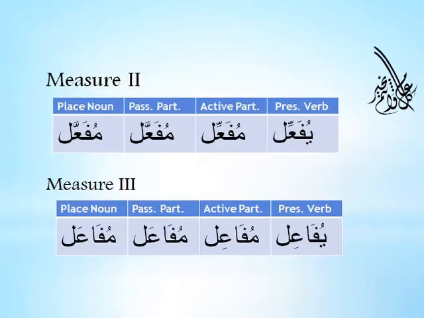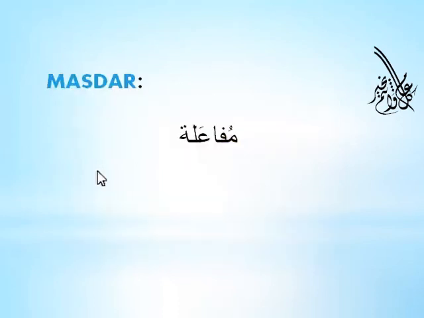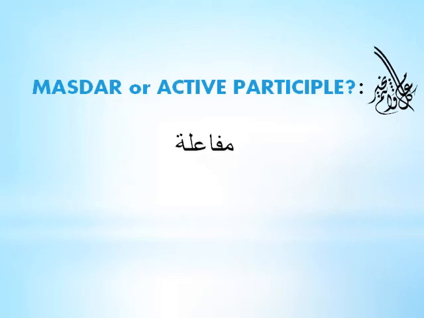It looks exactly like that, and it has a ta marbuta at the end. Mufa'ala. Now, it's easy enough to recognize. It's not a difficult pattern, but it gets confusing because it looks so much like all the others. So if you come across something like this, which is the way you would see it, with no vowels on it, is this a Masdar or is this a female active participle? Is this a female doer or the Masdar? Well, it could be either one.